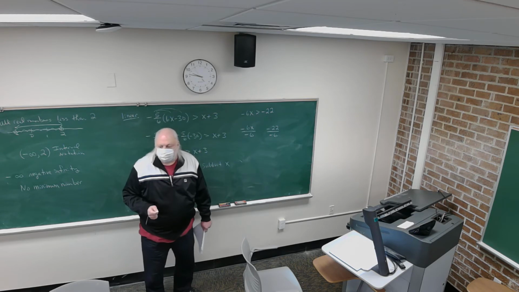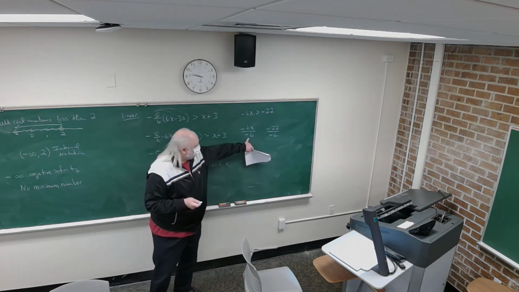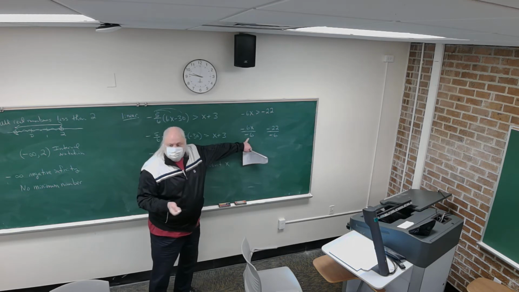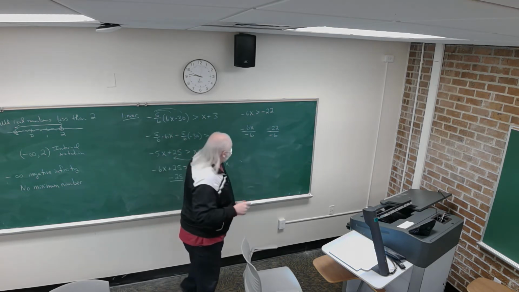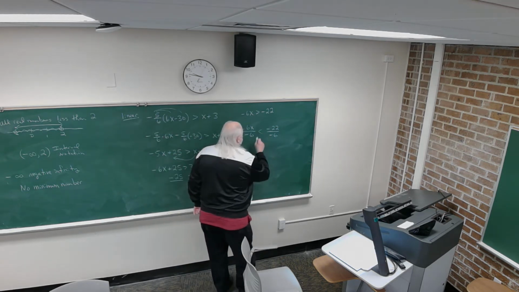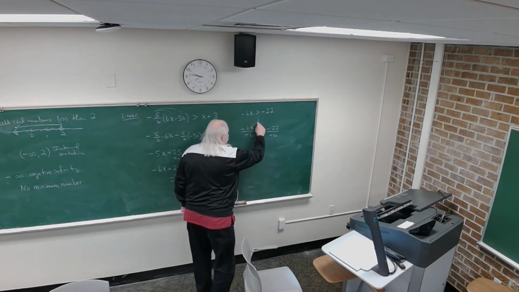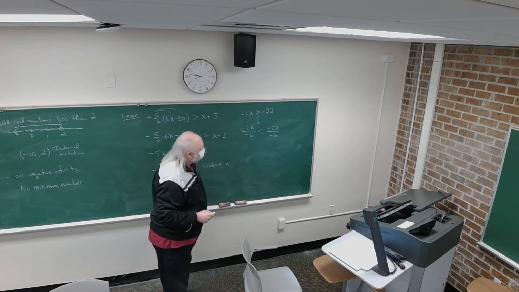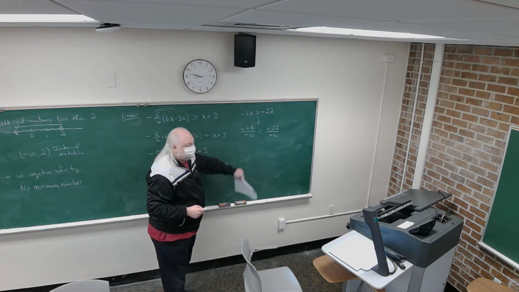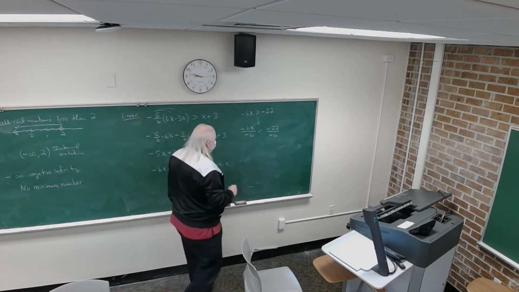What do I have to do? We're dividing both sides by a negative number, so we have to flip the inequality symbol. We go from greater than to less than. And so on the left, the minus 6's cancel.